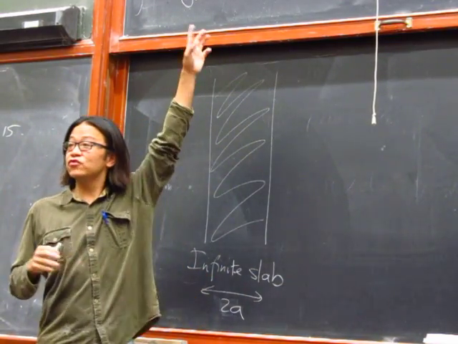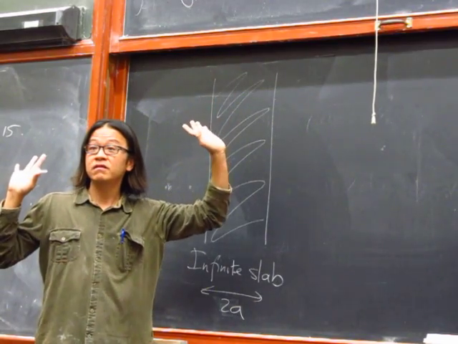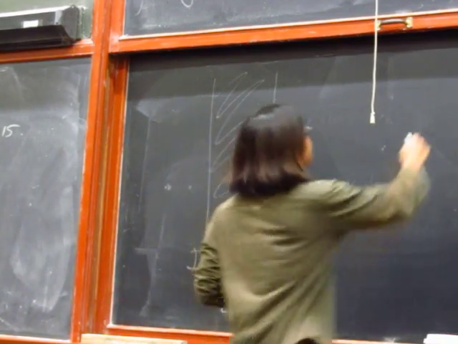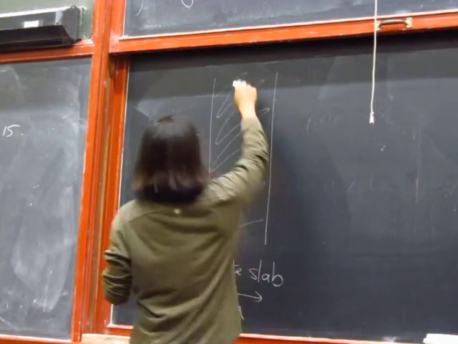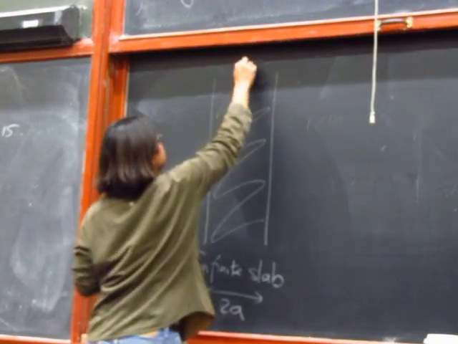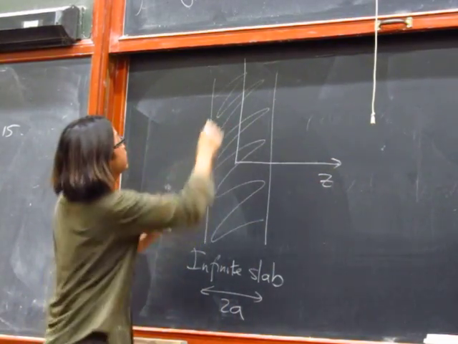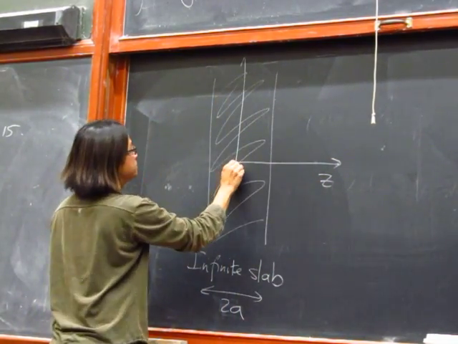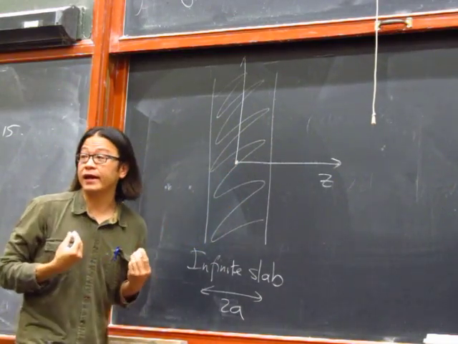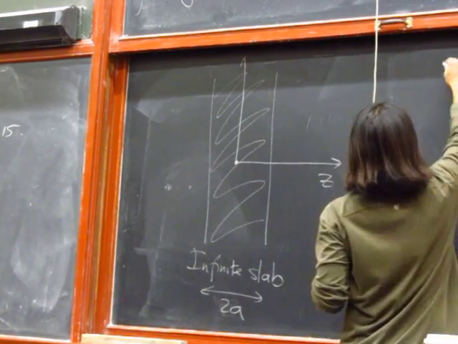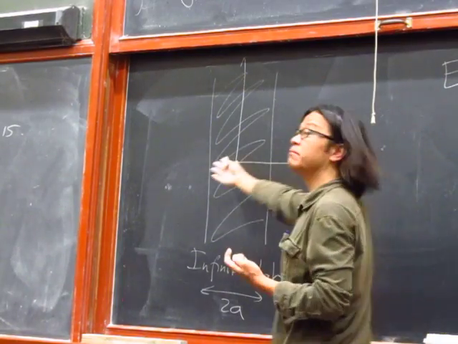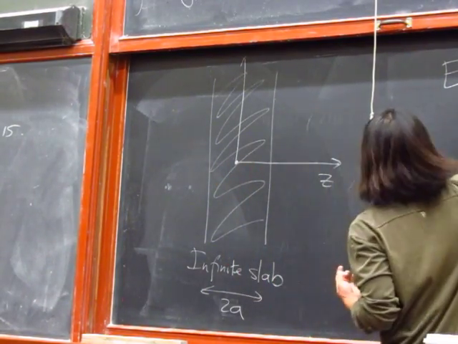By the way, any questions so far? Everything is clear? It should be pretty straightforward. So, let's define our coordinate system. Let's call that z, and z equal to 0 is exactly in the middle of the slab. The electric field, same argument of symmetry, has to be normal.